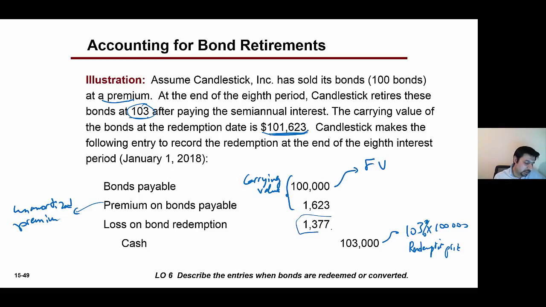So it will debit loss on bond redemption, the difference between paid cash and carrying value.